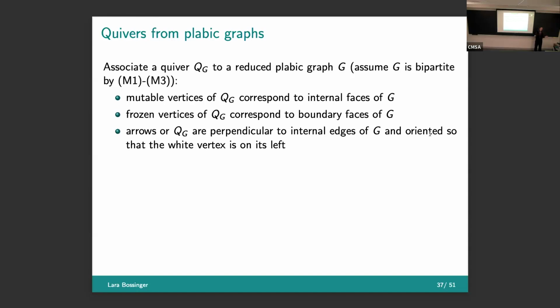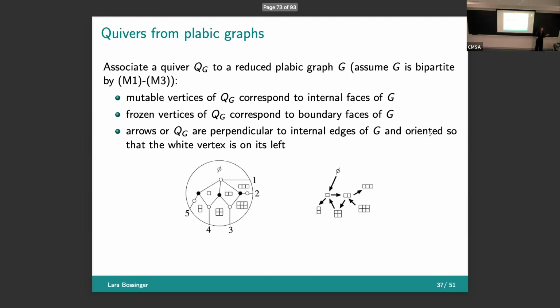The mutable vertices of my quiver will correspond to internal faces, faces that don't touch the boundary of the disk. The frozen vertices will correspond to those faces that lie along the boundary. And then arrows will be perpendicular to edges in the plabic graph and oriented so that the white vertex is on the left. So here's an example that I copied from the paper of Laura, screenshot.